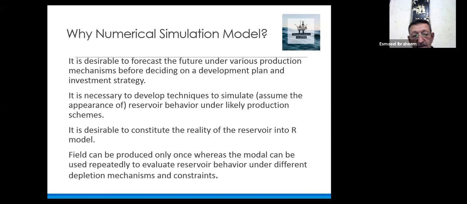A field can be produced only once, whereas the model can be used repeatedly to evaluate reservoir behavior under different depletion mechanisms and constraints.